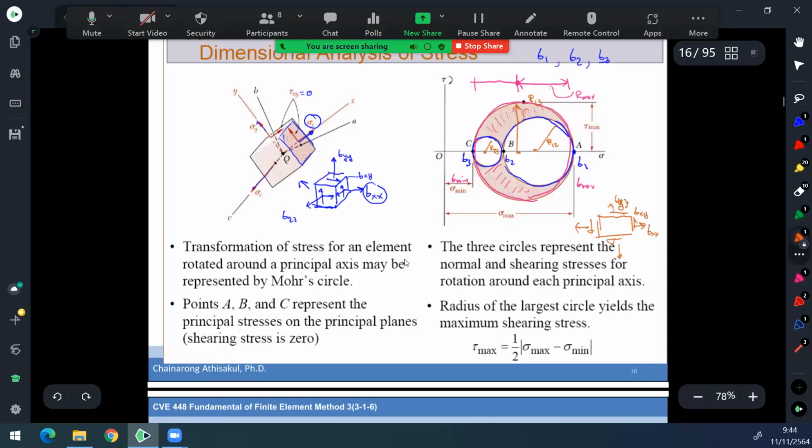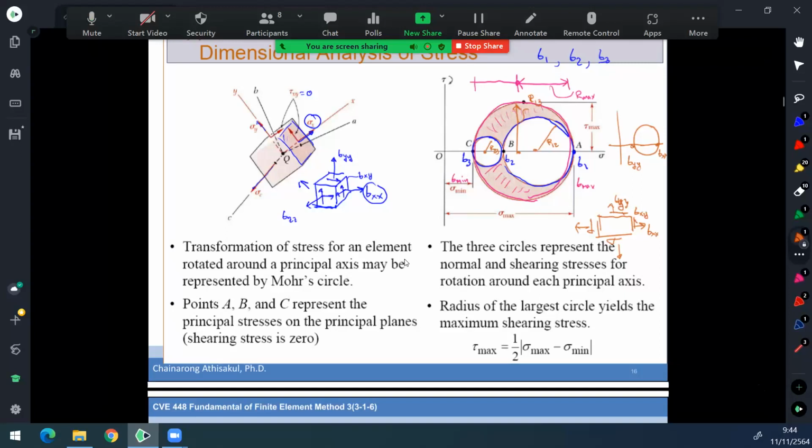When you plot the Mohr circle, you may have just one circle, right? When you design, be careful that you may have sigma xx, the principal stress over here, and sigma yy over here.